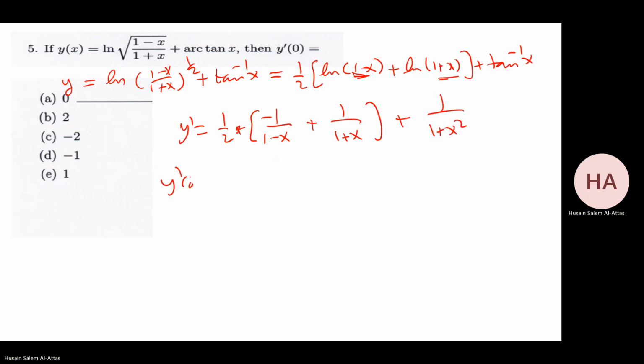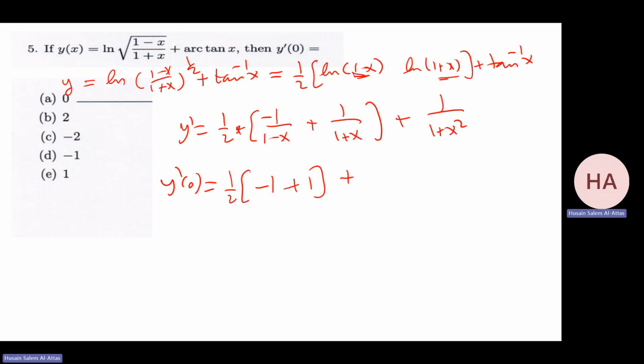Now I need to find y prime at 0. That will be half. Here I have minus 1 over 1 minus 0, which is minus 1, plus 1. Oh, sorry.